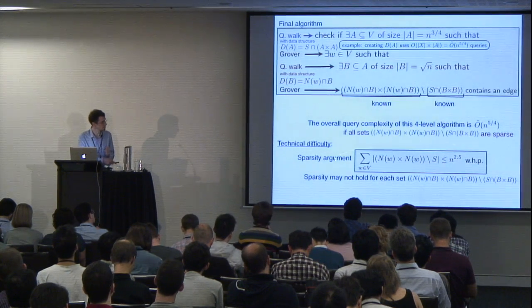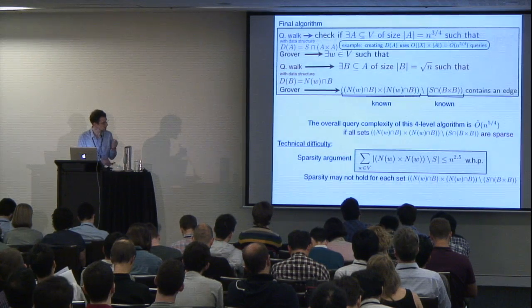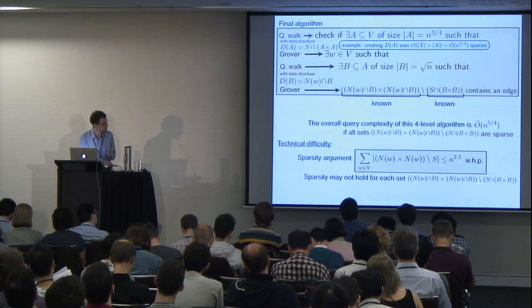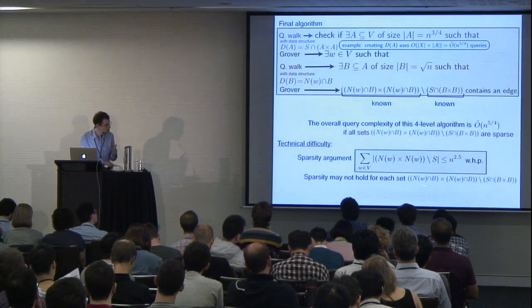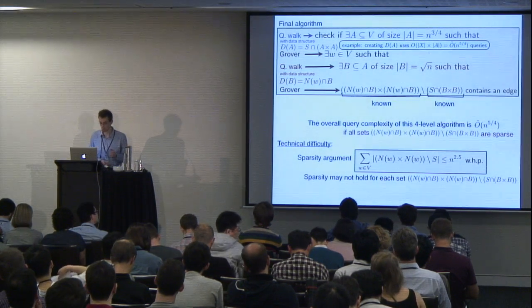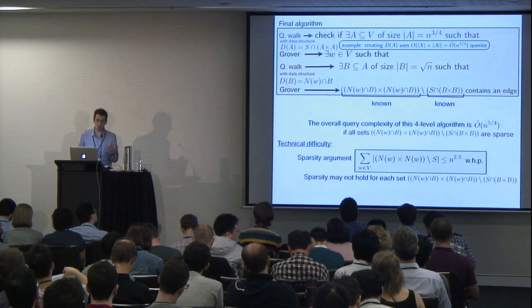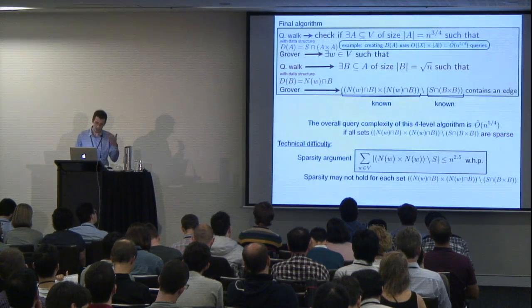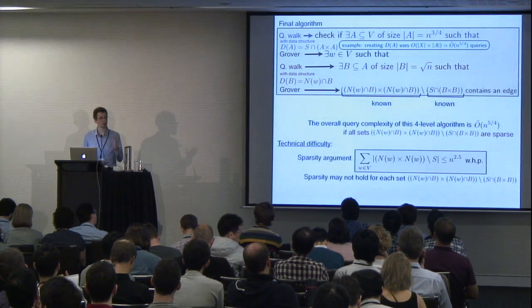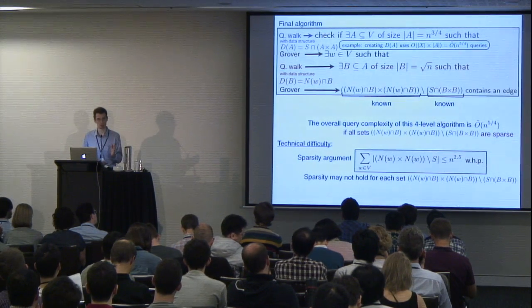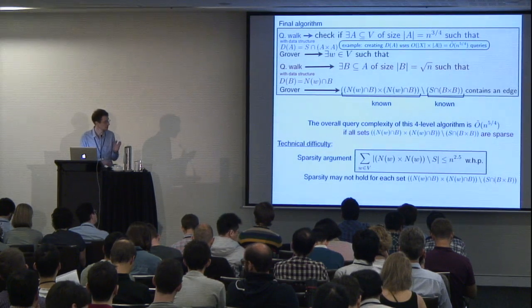We know that this inequality holds, but it doesn't imply that the sparsity holds for each of these sets. This only implies that the sparsity holds for large fractions of these sets. And it's quite problematic, because when analyzing quantum walks, you really need an upper bound on the worst case complexity of the checking cost of the walk. And we don't have this guarantee if these sets are not sparse.